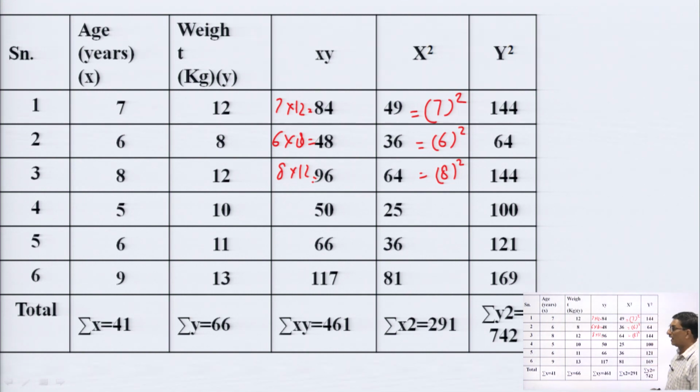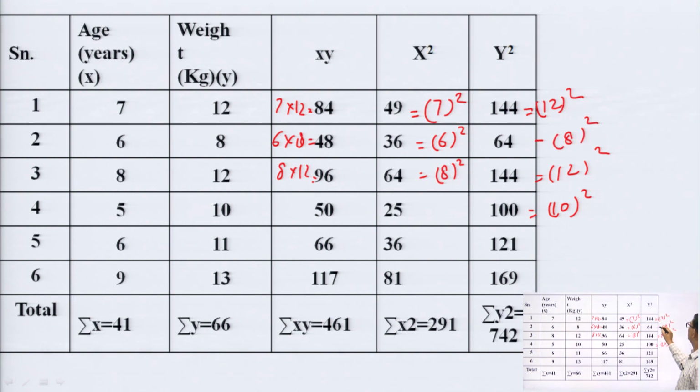In the next column we find y square, that means we square the y values, and y is 12. So, 12 square is equal to 144, 8 square is 64, 10 square is 100, and 13 square is 169.